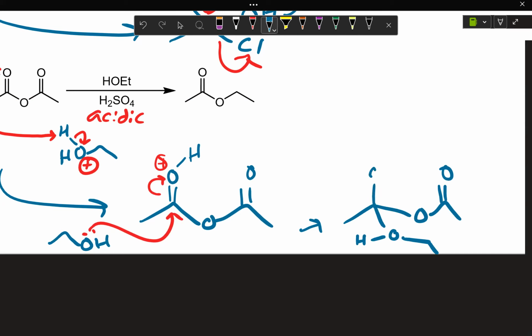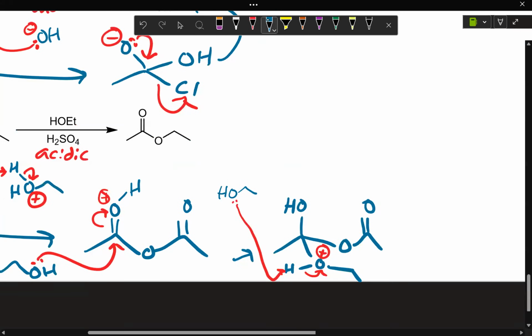And then we have an alcohol group coming up now. So we have a positive charge on this ethanol group. So let's remove that positive charge and push the electrons back on the oxygen to remove the positive charge.